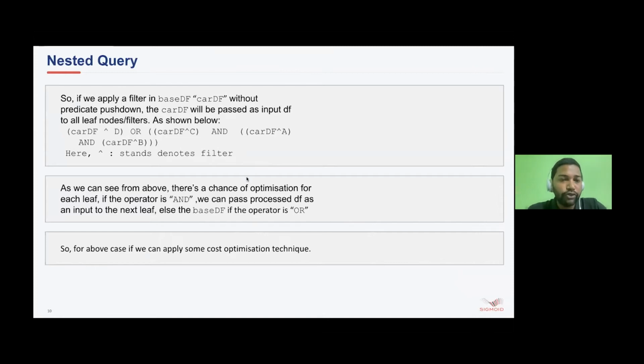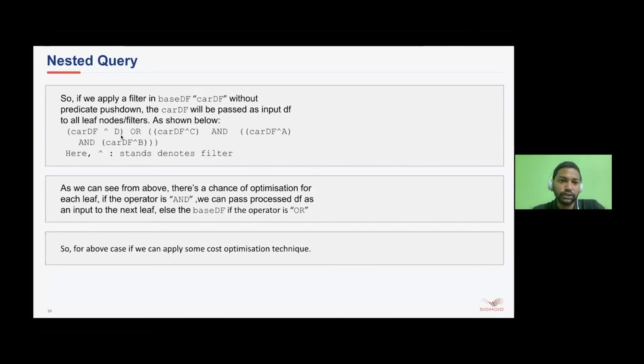If we apply a filter on the base DF, car DF, without predicate pushdown, the car DF will be passed as the input DF to all the leaf nodes. So if we want to apply all those filters, we pass the base DF to all of them. The query could look something like this, where the D filter is applied on the car DF, and similarly C is applied on the car DF.